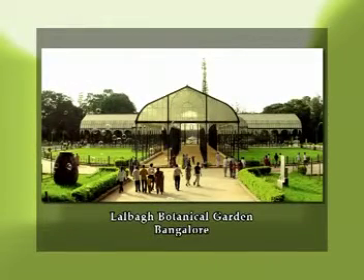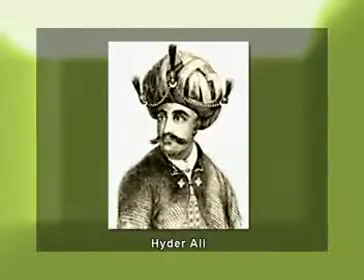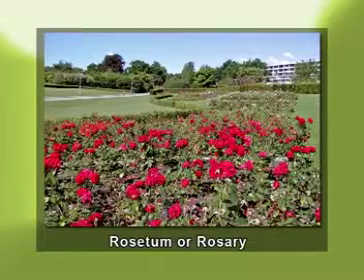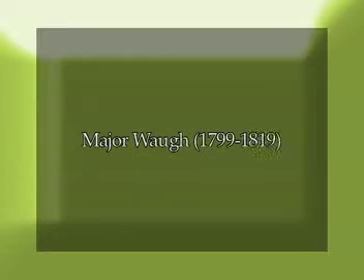This is the best botanical garden in South India, which was named Lal Bagh by Hyder Ali in 1760 because of its beautiful rose garden and red flowers. Its first director was Major Wagh, who introduced a number of exotic plants from various countries into this garden.